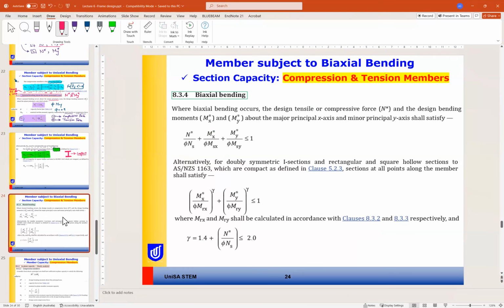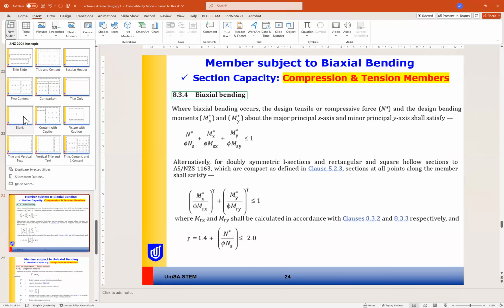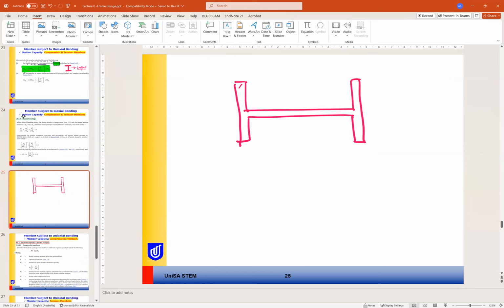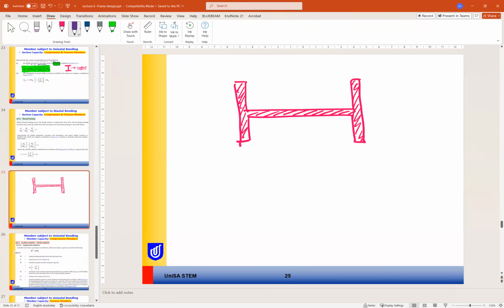Okay, so the next part is if the section is under biaxial bending. What does biaxial bending mean? Biaxial bending means our column, this is the plan view of the column, and this is the y-axis.